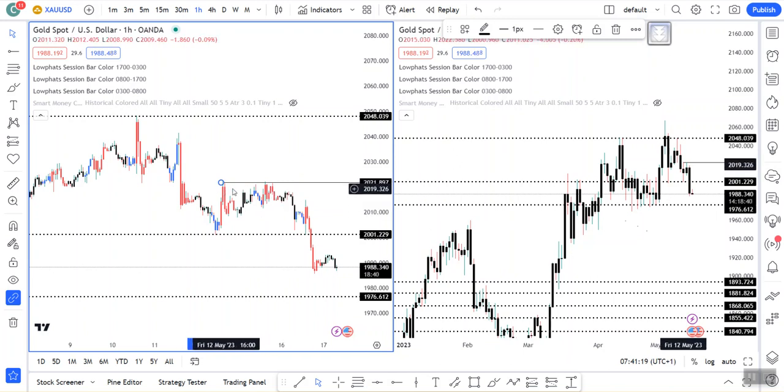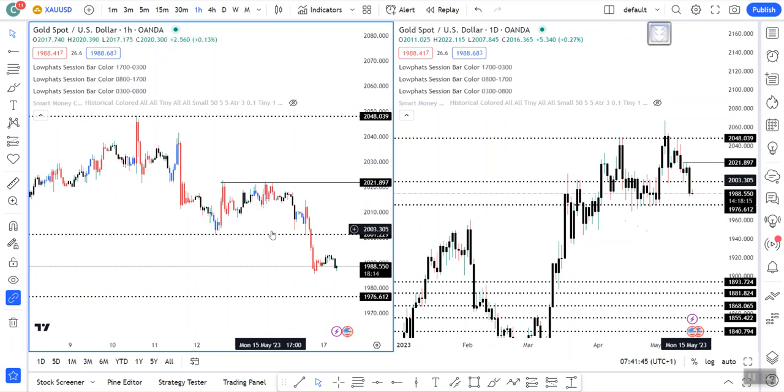So you can say that here is your resistance zone and here again is your supply zone. So the support zone is the demand zone, while the resistance zone is the supply zone. Okay, that is just that in layman's language.